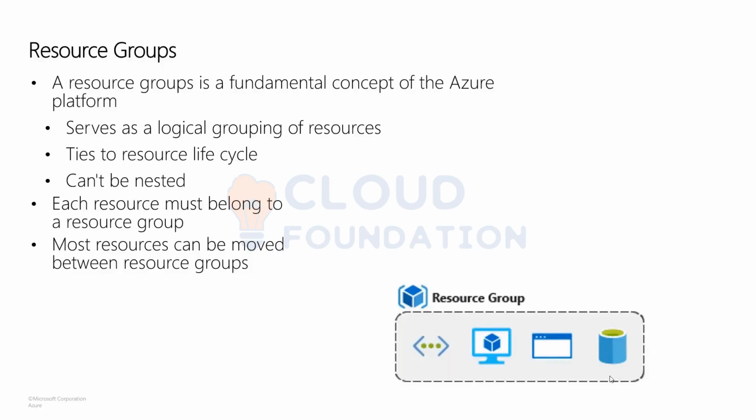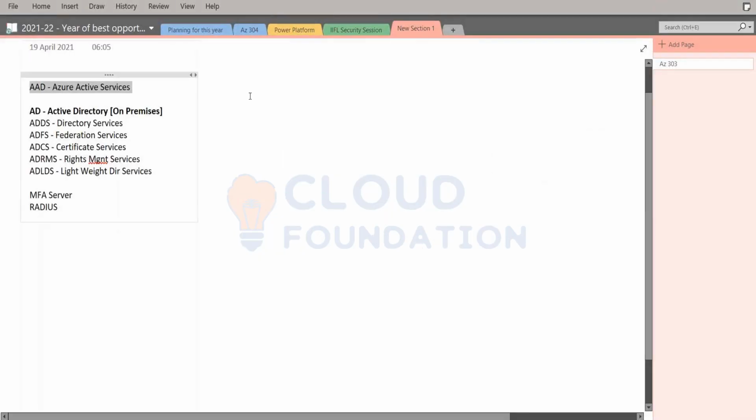For a given customer, for a given project, for a given department. Right. For a POC environment, you might go ahead and create a resource group here. Within that resource group, you will have relevant resources. And this ties to the entire resource lifecycle, even for a project. Before I forget, let me mention it over here.